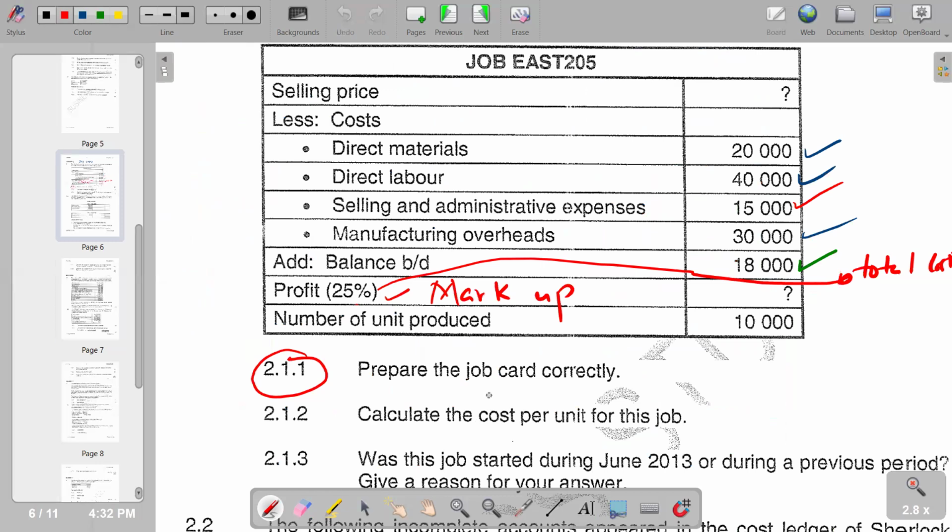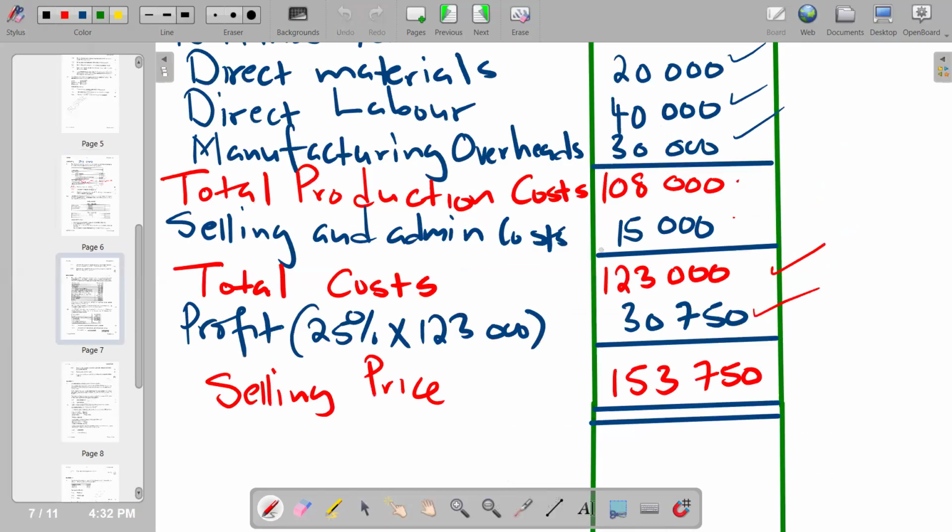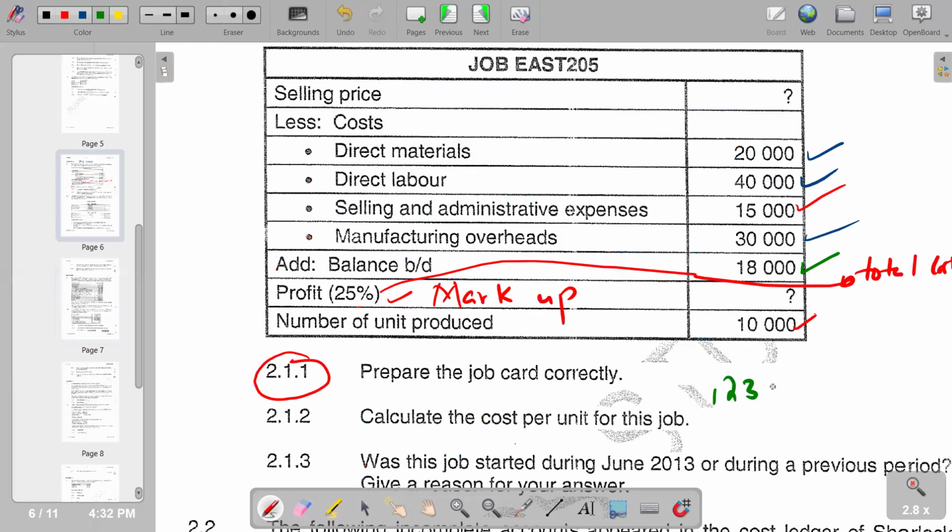So remember, we already have the total cost, then we divide by the total number of units which we are given here as 10,000. So on that calculation, which is 2.1.2, we are just going to say our total cost, which we have on this part is 123,000 rands, and then we divide that by the total number of units, which is 10,000.